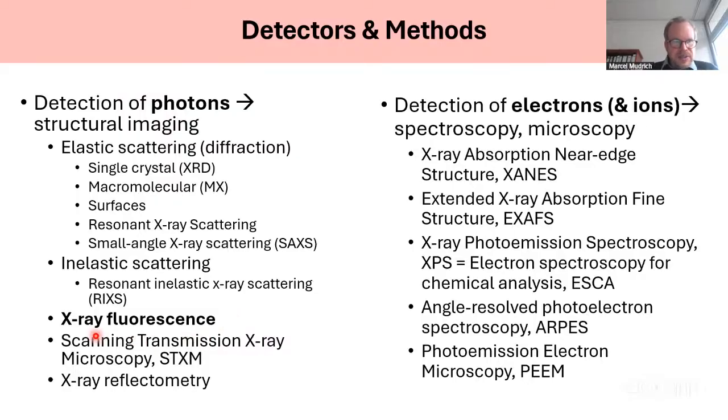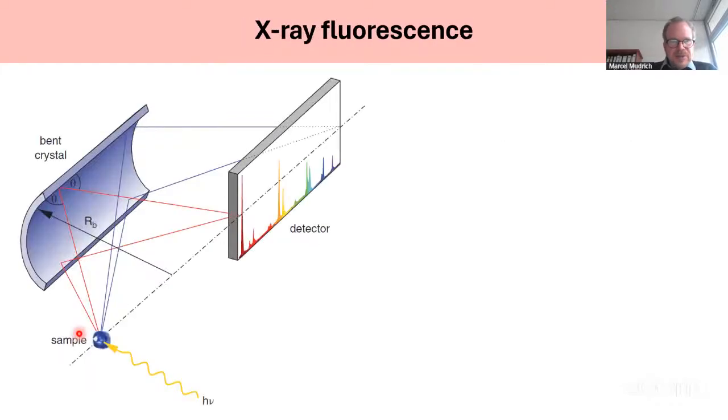So one straightforward signal is to detect fluorescence light. So this is a straightforward experiment in the sense that the radiation from synchrotron or XFEL is sent on a sample, and then since this is highly energetic radiation, mainly inner shell electrons are excited or ionized.